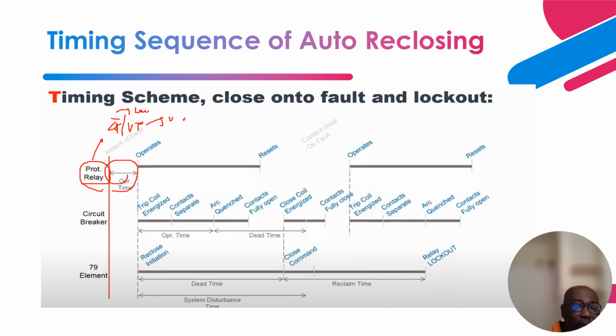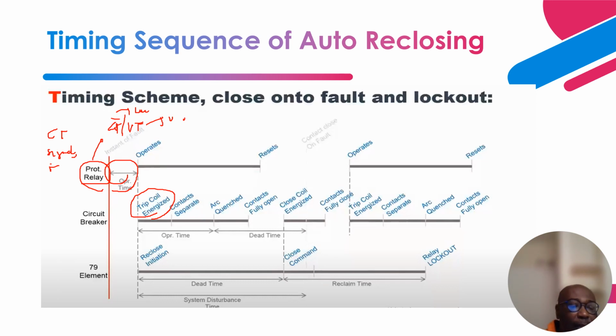It operates, and the algorithm processes the current transformer signals. Then it issues an output to the trip coil of the circuit breaker, so the trip coil is going to get energized.